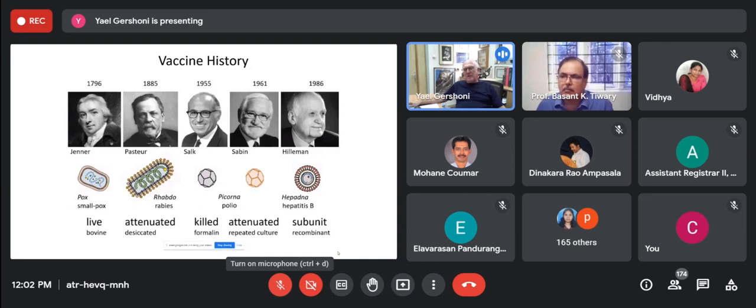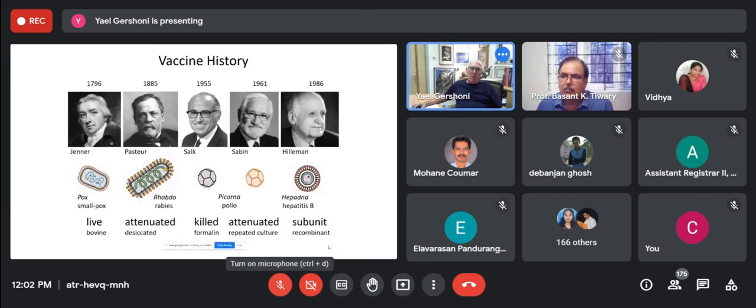But it serves as an example of not using the virus at all, but rather just a purified subunit spike protein. And so we see a progression that we've used live virus, and through attenuated and killed, to ultimately subunit vaccines.